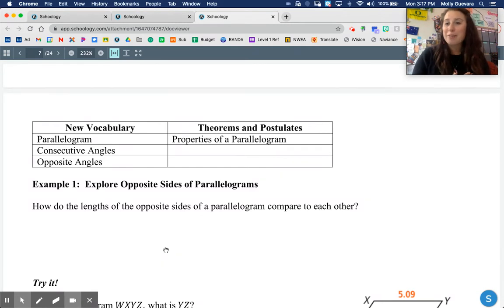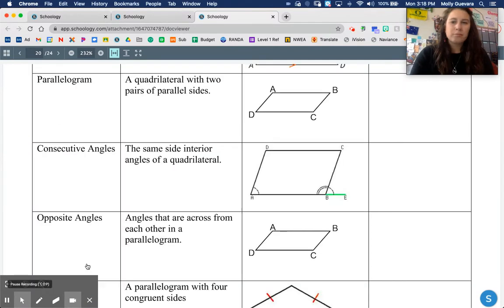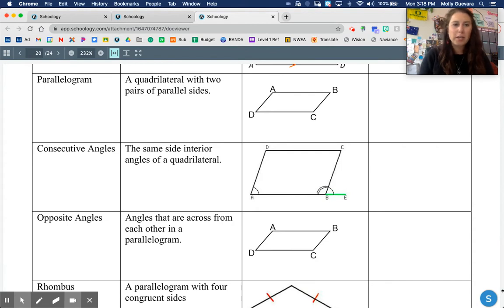So we're going to jump down to the end, and we're going to go under our terms page, and we're going to find where it says parallelogram. Okay, so here we are under our terms page, and we're looking at parallelogram. The definition of a parallelogram, it's a quadrilateral, so it has 4 sides, and it has 2 pairs of parallel sides, meaning A and B are parallel to each other, let's say, and also A and D are parallel to each other.